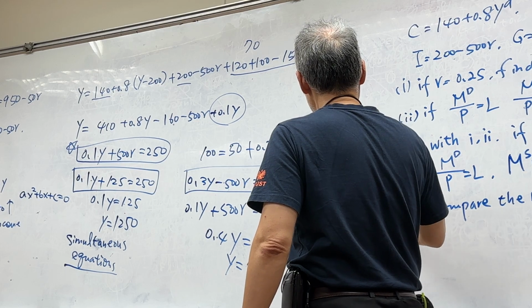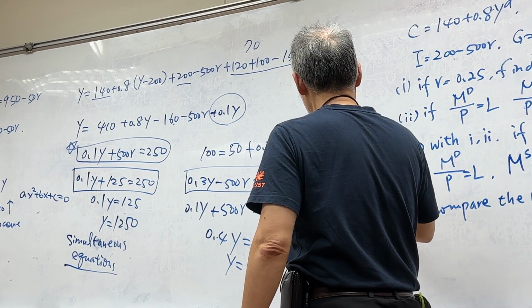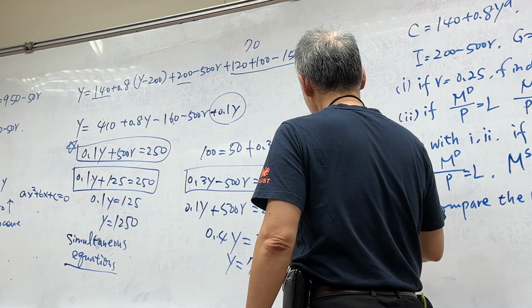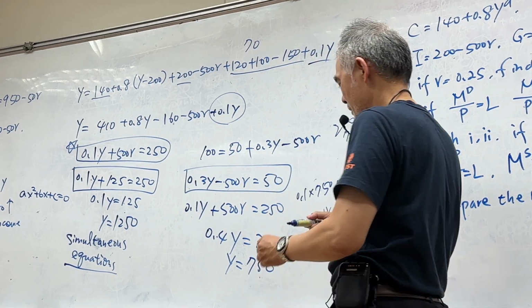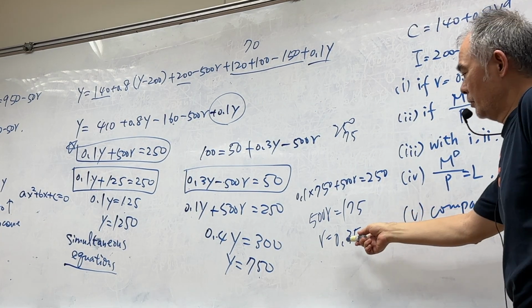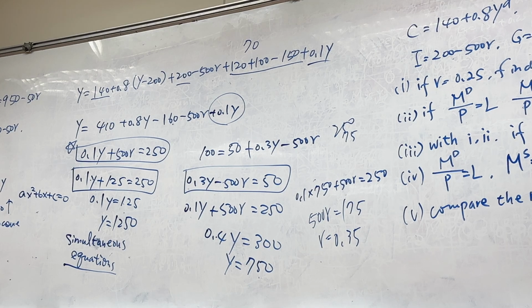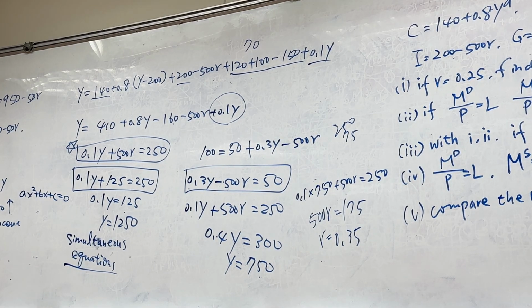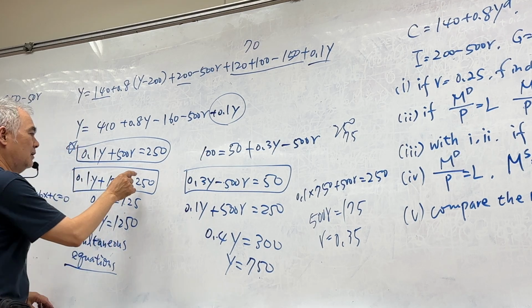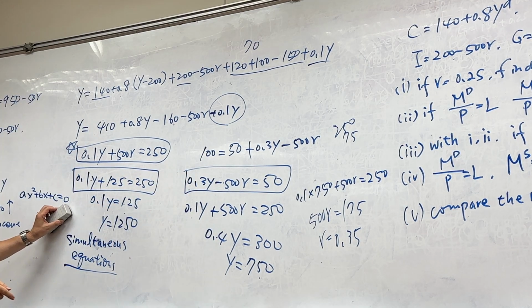So 175, okay, so what is R? R is equal to 0.35, okay? So for the second question, R is equal to 0.35, okay? Questions? Okay, we still need these 2, so we keep them there, okay?